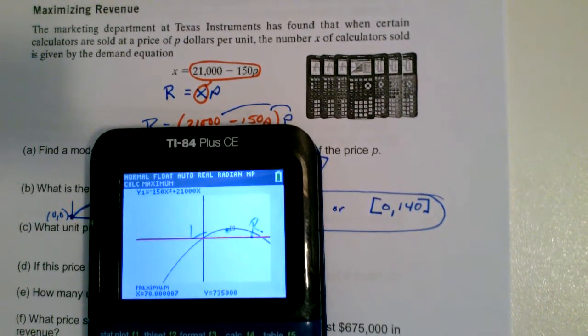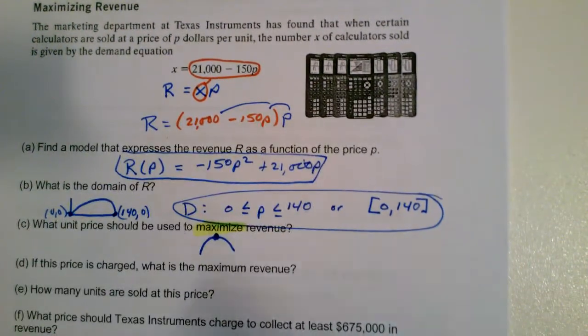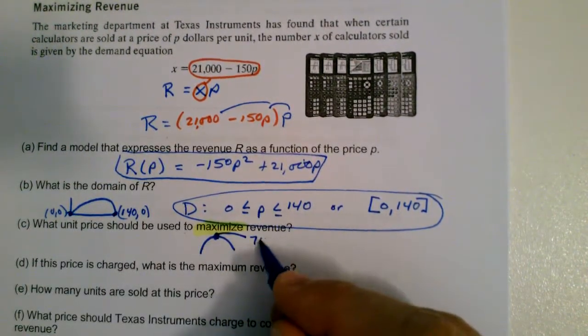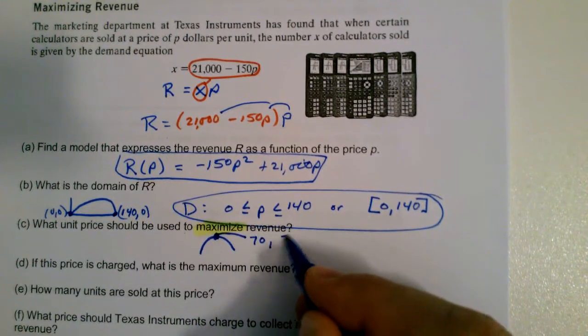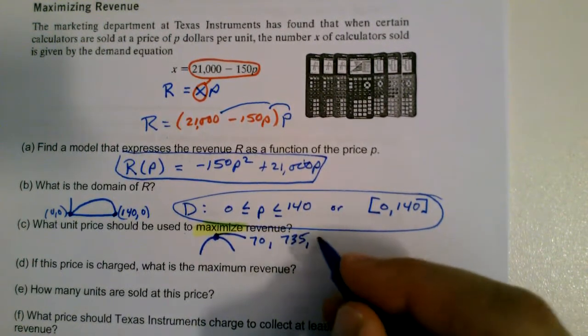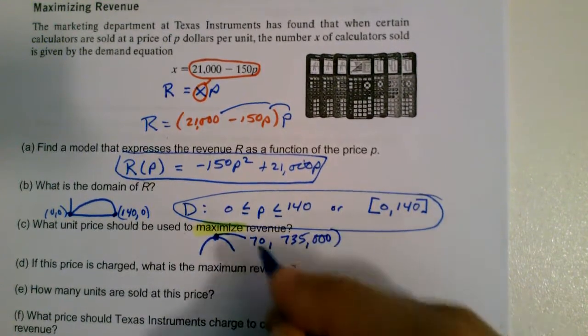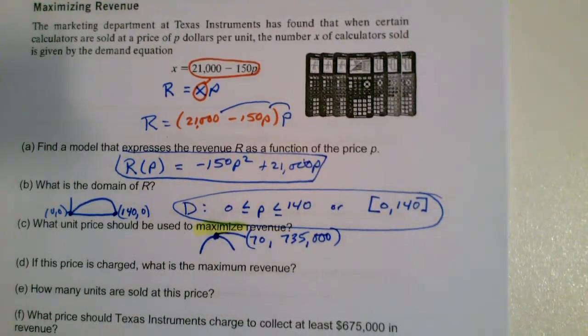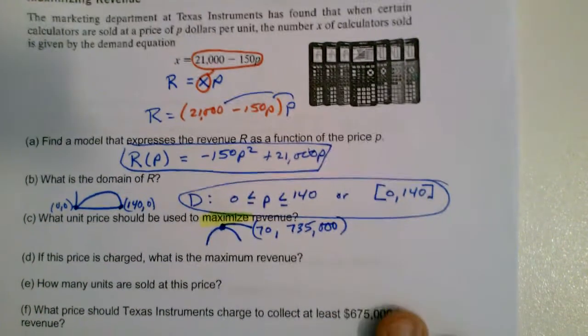You might be getting 69.99999, round up to 70. So this one right here, I have 70 comma 735,000. Okay, so that's my point.